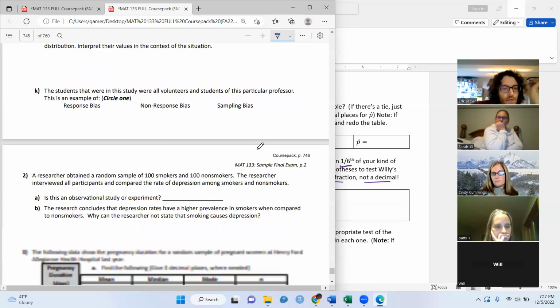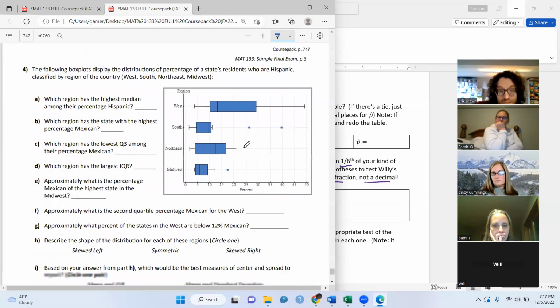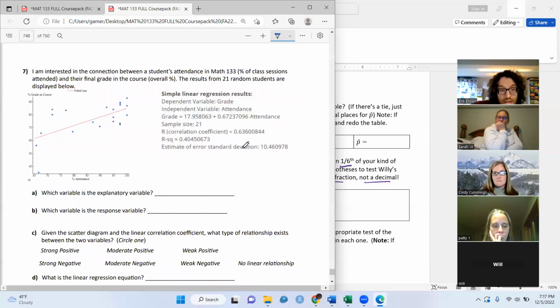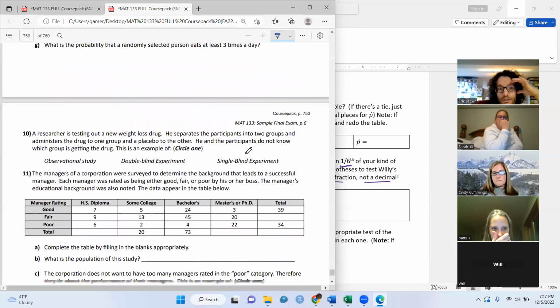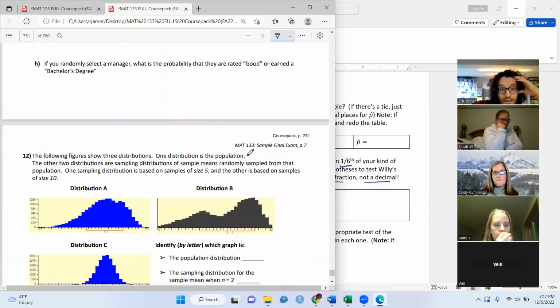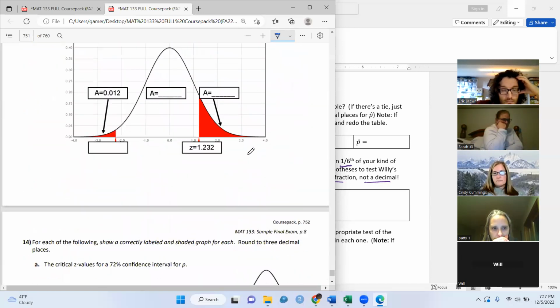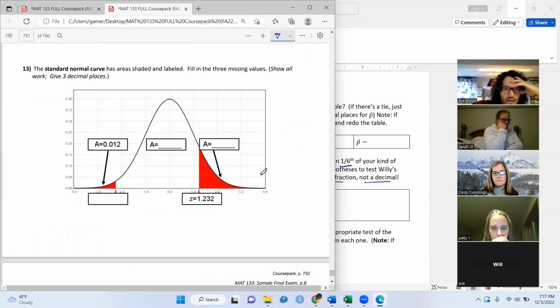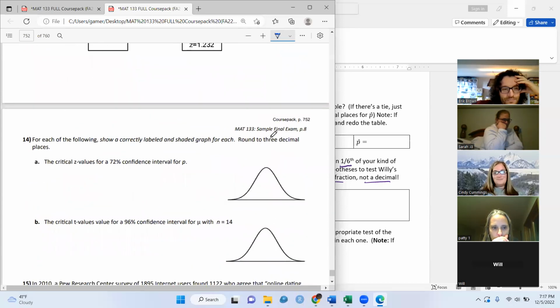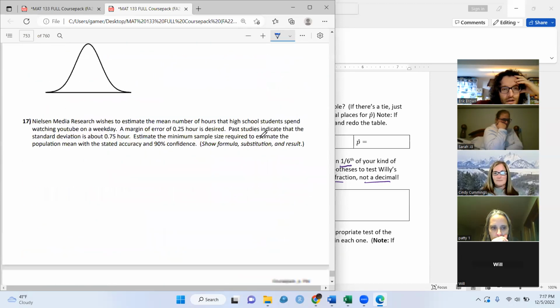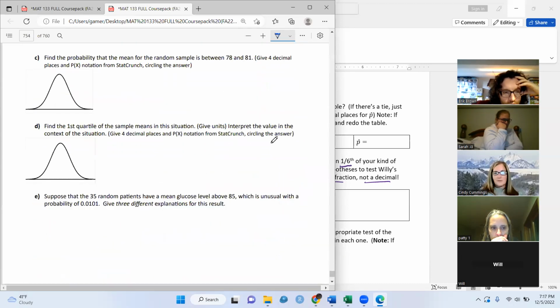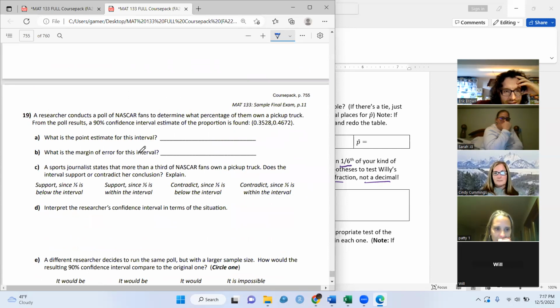What you see here for the sample final exam is going to be very similar to the types of questions you'll see on the actual final exam. This is almost always on the final exam. The one that students almost always get wrong is the confidence interval one right here.